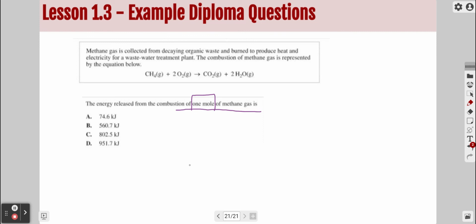First thing I want to see is that I need a mole of methane, and that is exactly what my equation is balanced for. I want you to try doing Hess's Law right now and see if you can get to the answer. I am going to also do a video of that real quick, to put out the answer so that you can see the solution to this question.